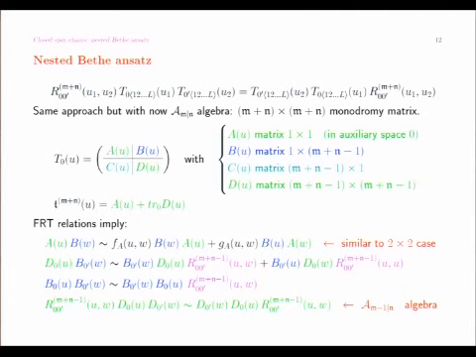You start as for the SU(2) case, so you divide the monodromy matrix in two, but now you keep A as a scalar for the auxiliary space 0, and you have here vectors, one line, and a big matrix of size m plus n minus 1 squared. The transfer matrix is A plus the trace of D. And then you can compute again the commutation relations for A, B, C, D.